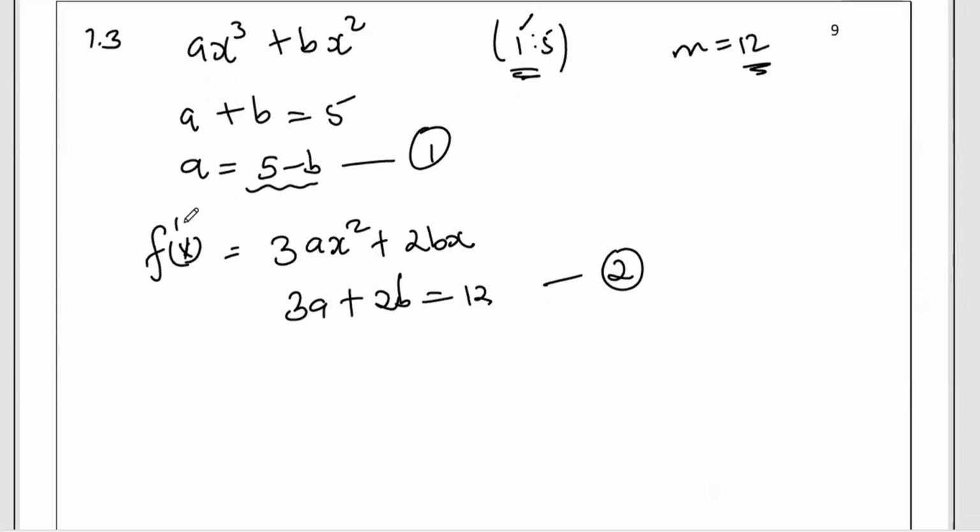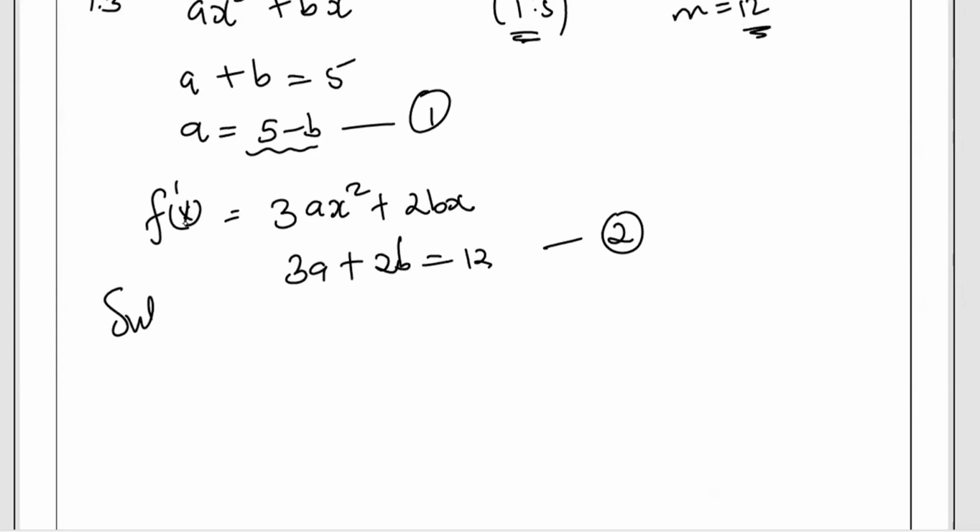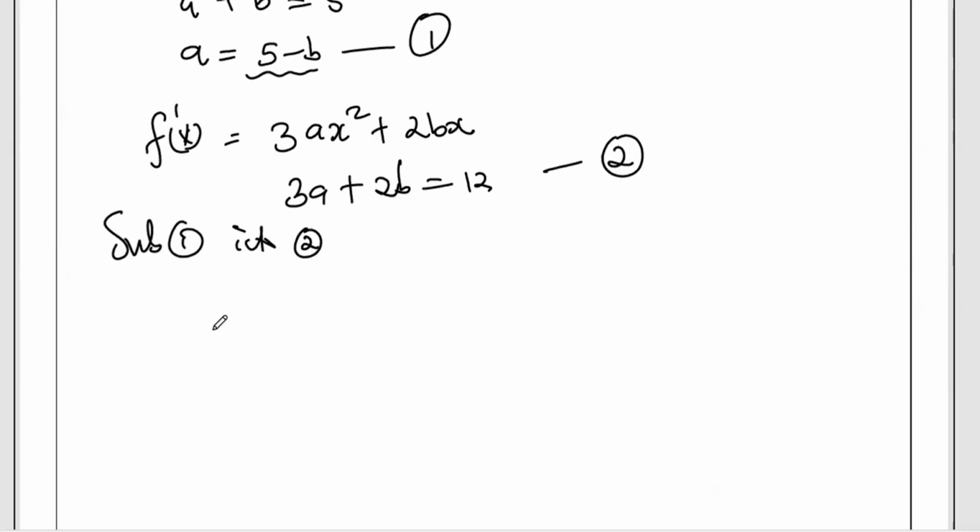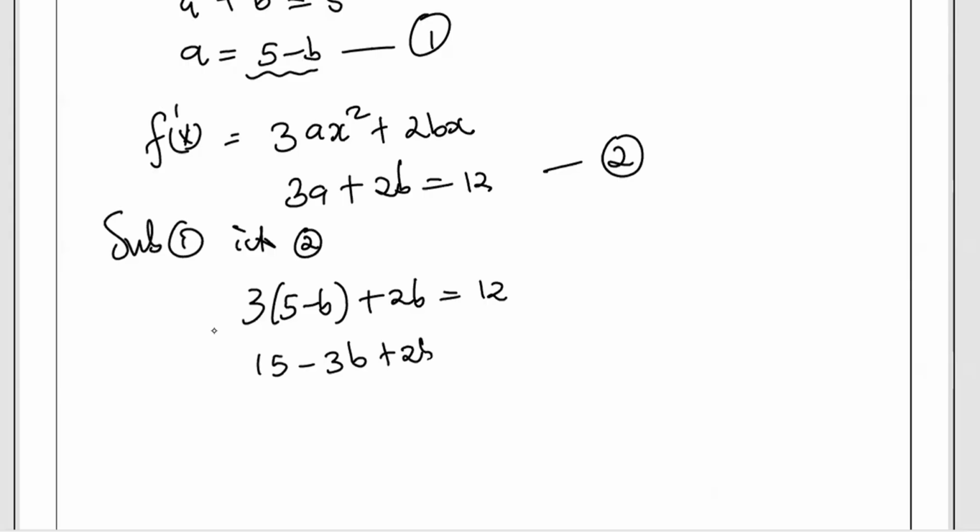Let's substitute equation 1 into equation 2. So that's 3 times (5 minus b) plus 2b equals 12. That's 15 minus 3b plus 2b equals 12. Let's make life easy: negative b is equal to negative 3, meaning that b is 3.